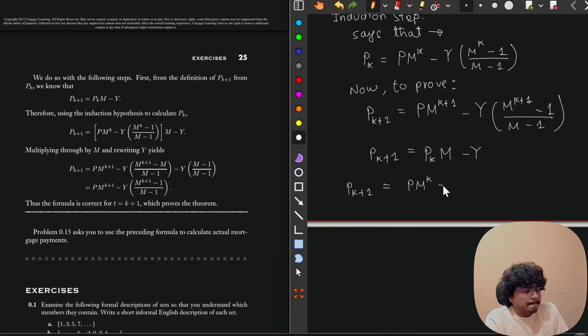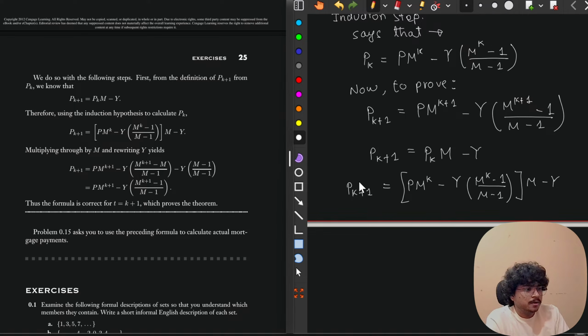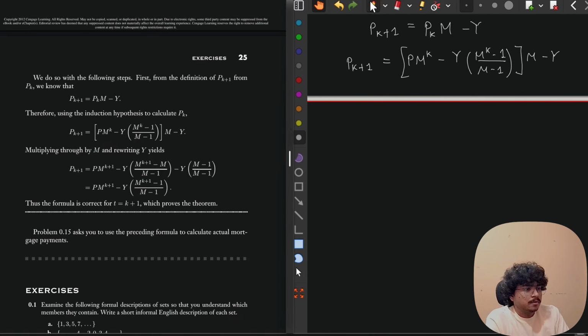So P_(K+1) equals P M. Multiplying through by M and rewriting Y, this will simply give us P M^(K+1).